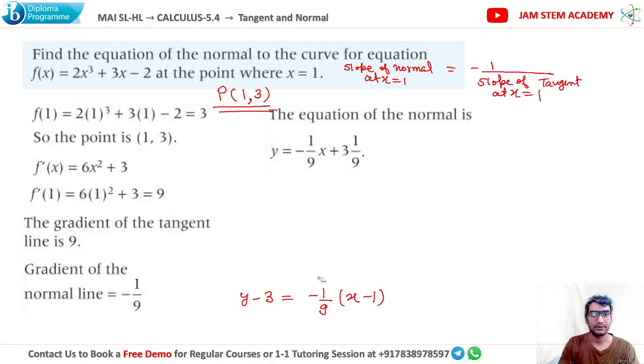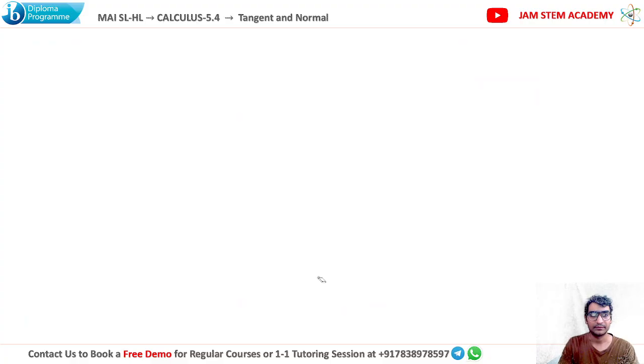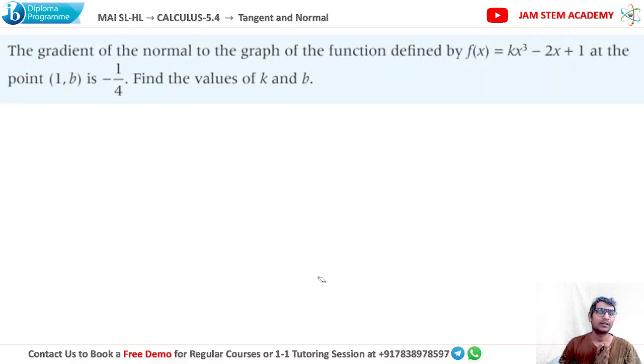Next, this question is very important. Here we are going to find the values of some unknowns, right? It says the gradient of the normal to the graph of the function whose equation is given by f of x equals kx cube minus 2x plus 1 at the point 1 comma b is negative 1 4th.